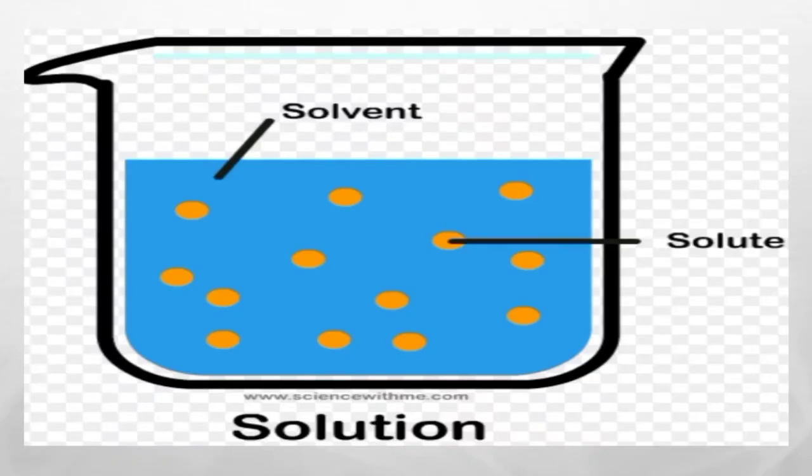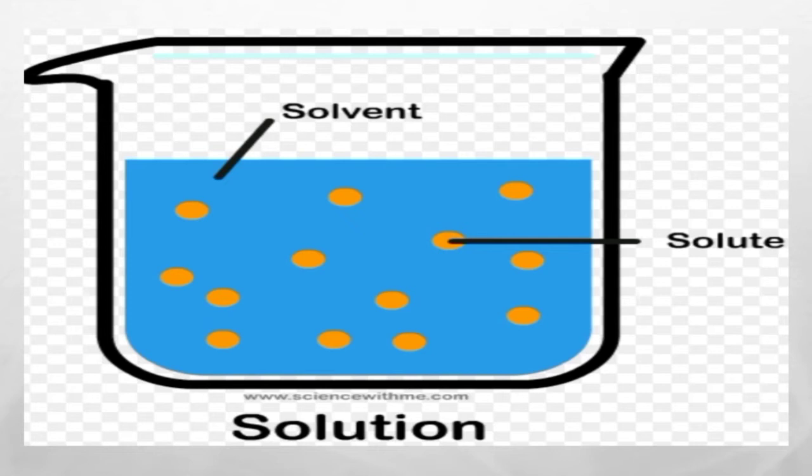A solution is formed when two or more substances mix together such that they are evenly distributed. The substance that dissolves is called the solute. The substance in which the solute dissolves, means mix, is called the solvent.